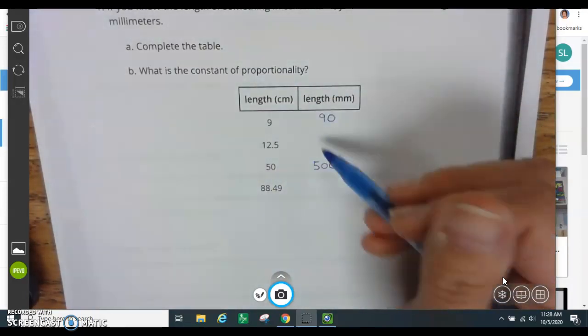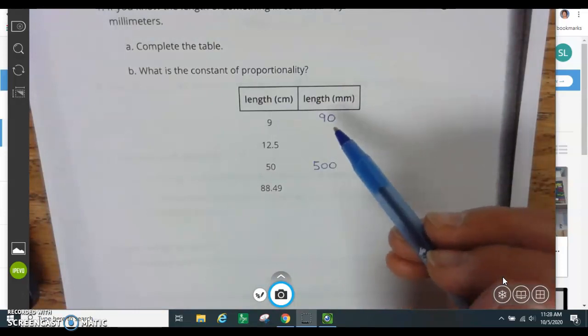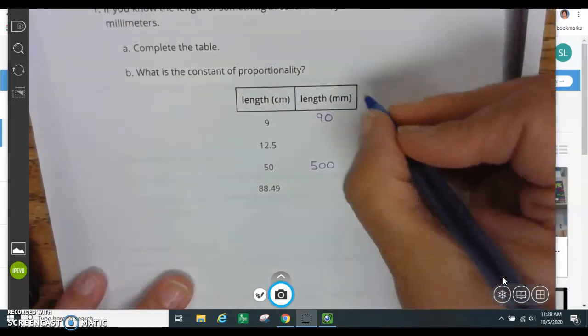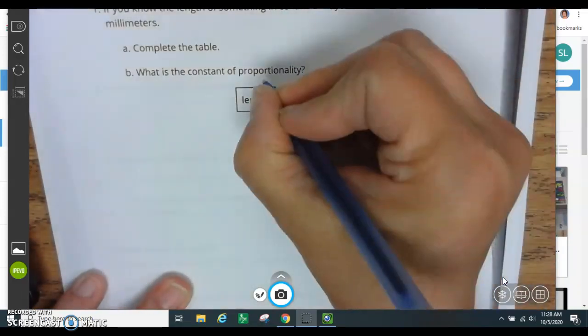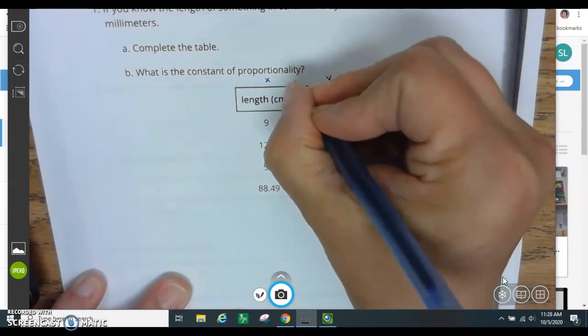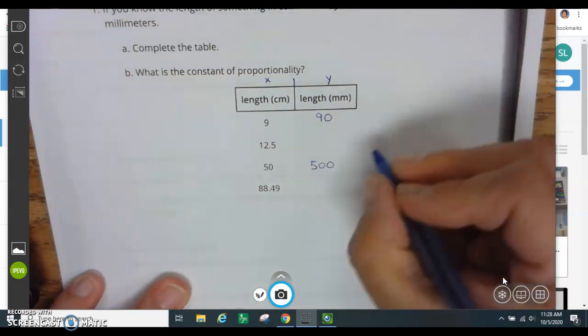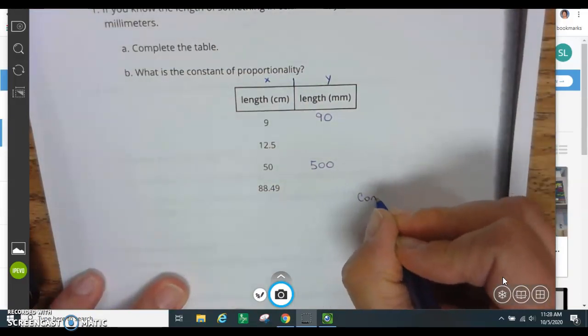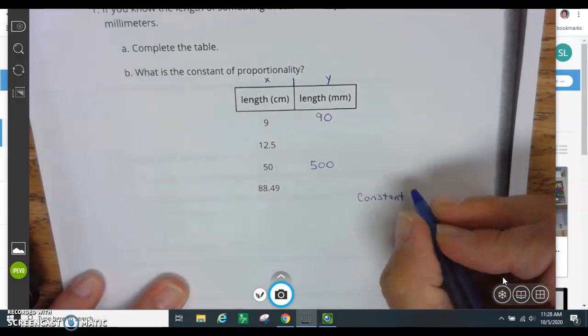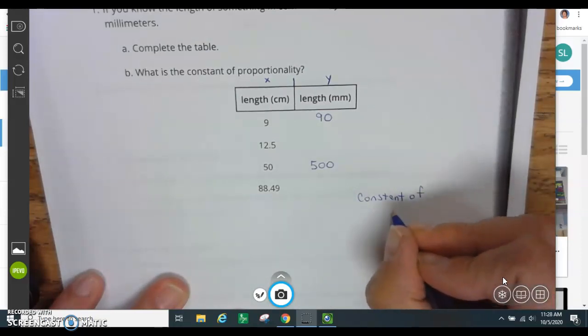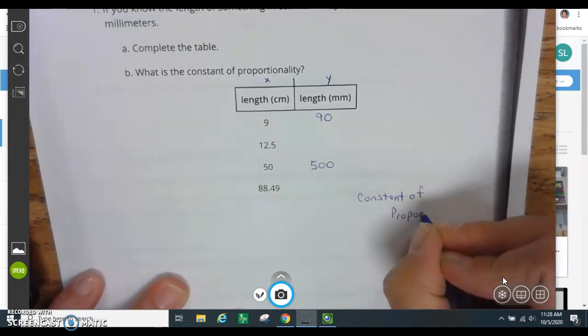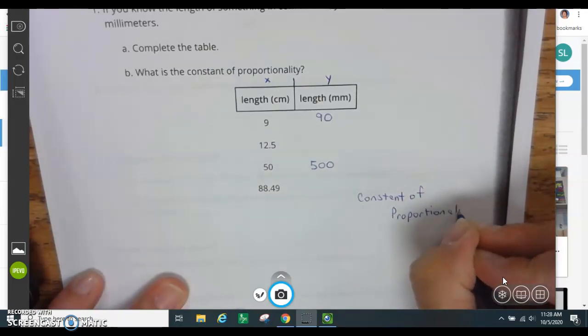And then we could look for that constant of proportionality so we knew what to do. So this is always kind of like your y, and this is your x. Okay, when you have a table, the constant of proportionality is always y over x.